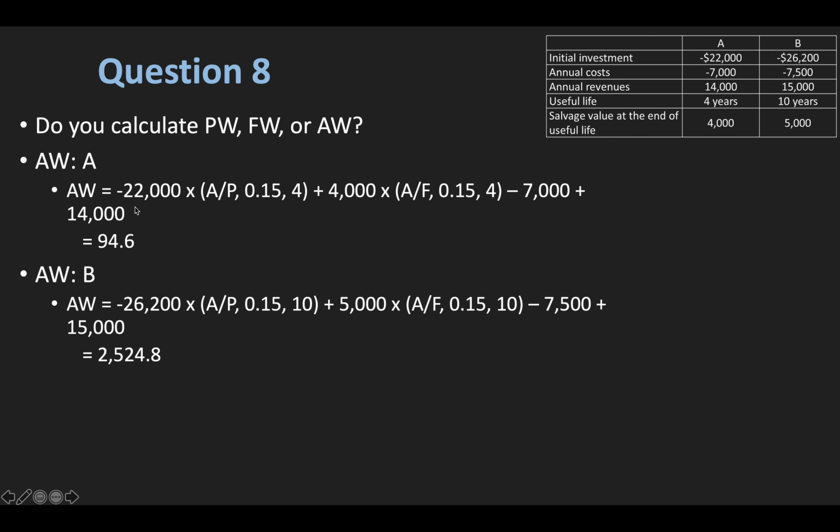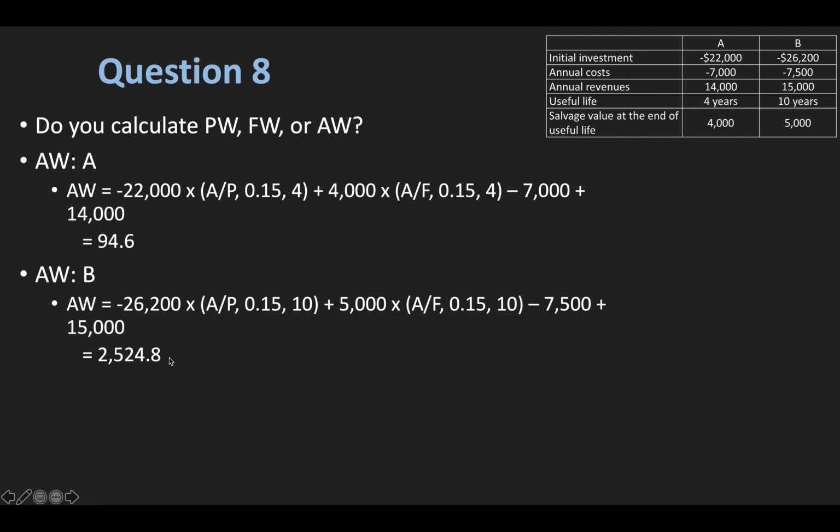But the concept is the same for alternative B. We have the same annual cost and annual revenue. We keep them here, don't need to do anything to them. We convert our initial investment to annuity, and we convert the future salvage value to annuity as well.